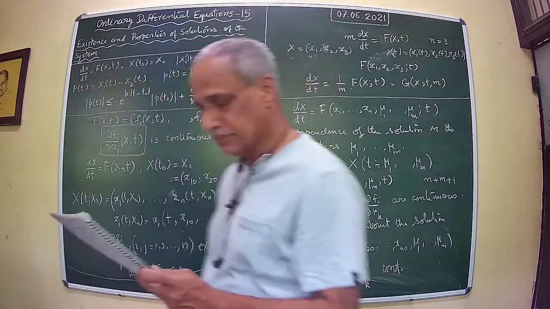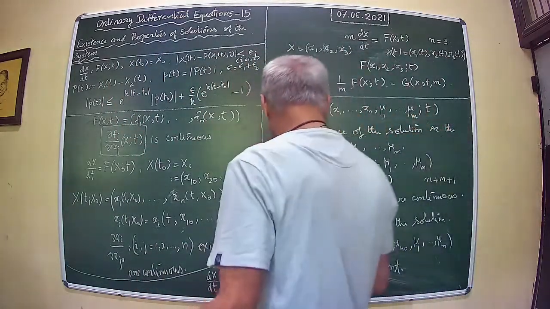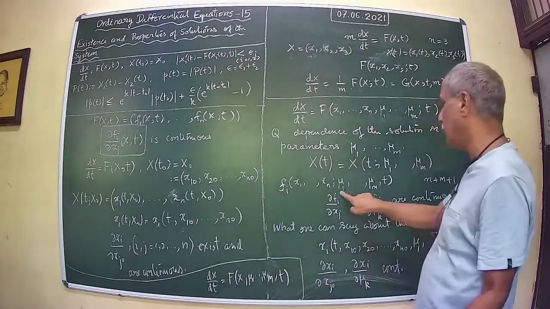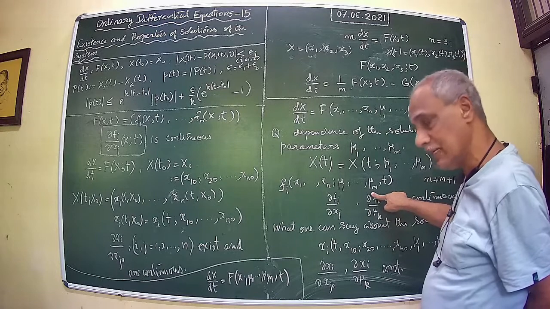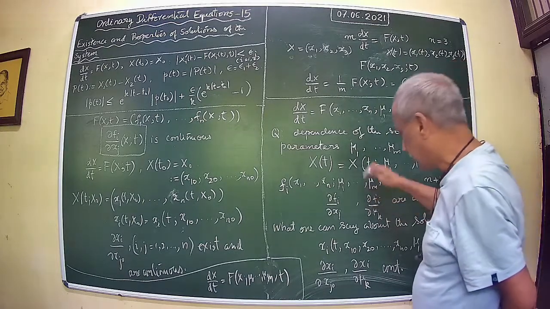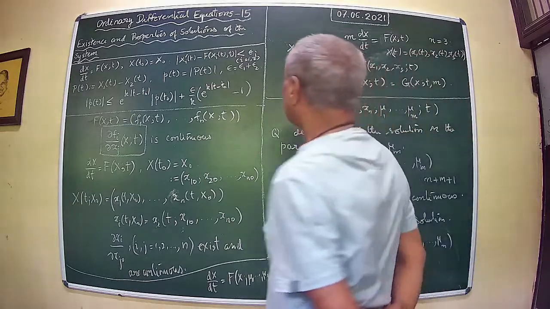This is the result that you can prove, and these parameters of the form mu1, mu2, etc., mu_m we did not consider in the one-dimensional case. The reason was, if you see the proof of this result, then you will see why it has happened.